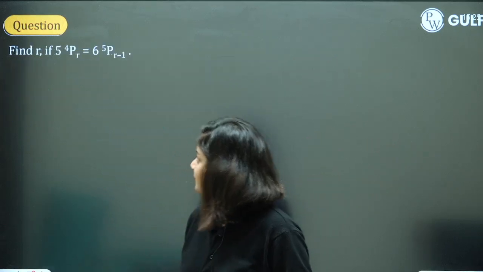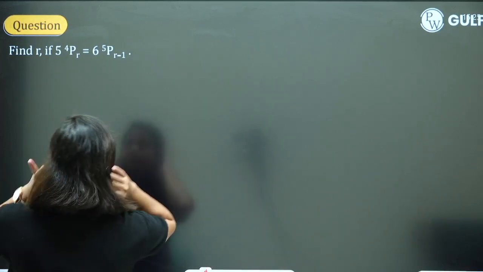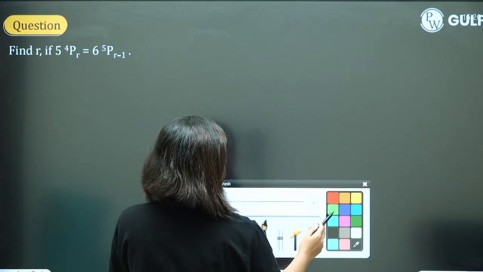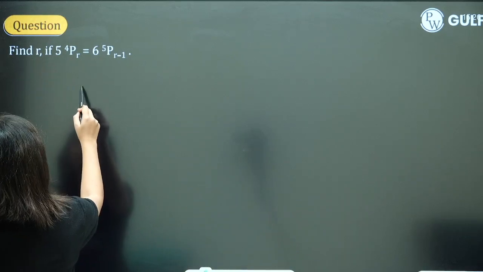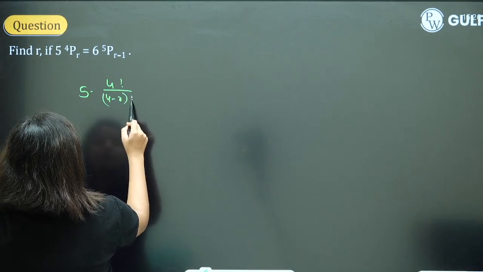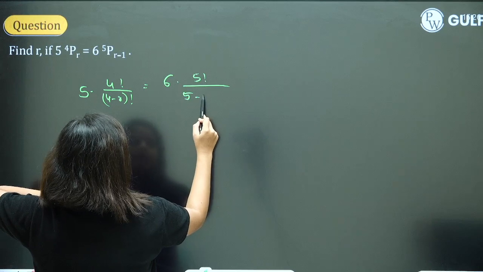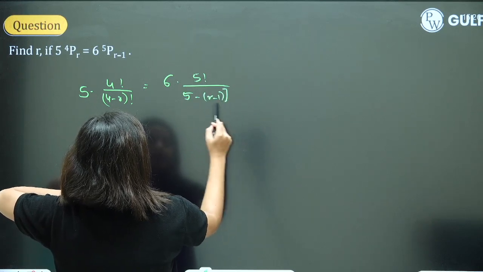Very good. Next question. Find the value of r if 5 times 4Pr, which is 4 factorial upon (4 minus r) the whole factorial, is equal to 6 times 5 factorial upon (5 minus (r minus 1)) the whole factorial.